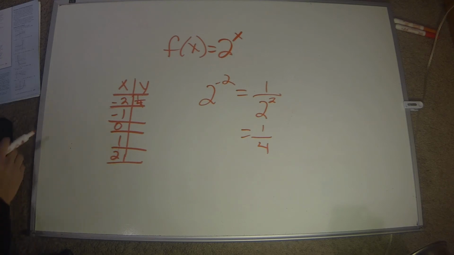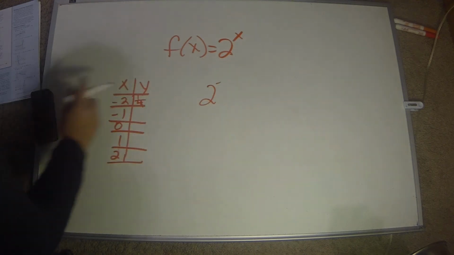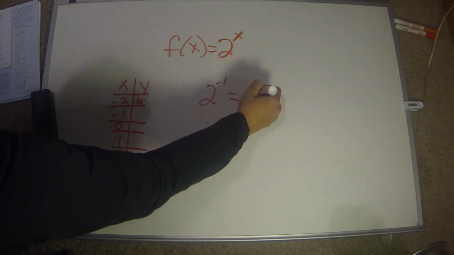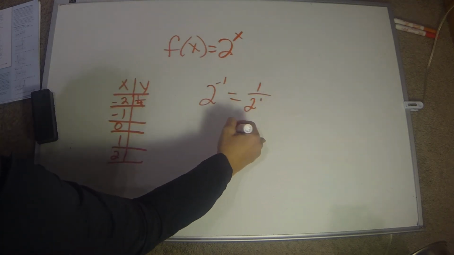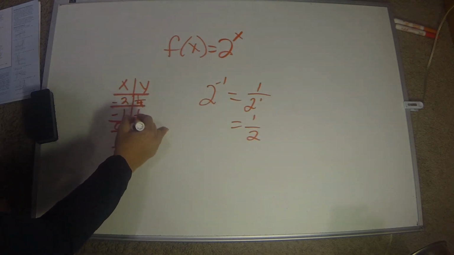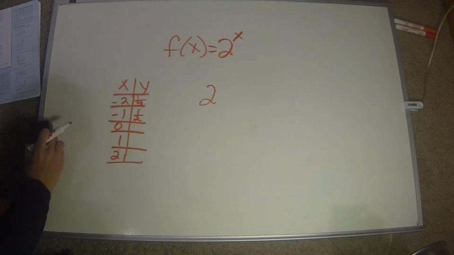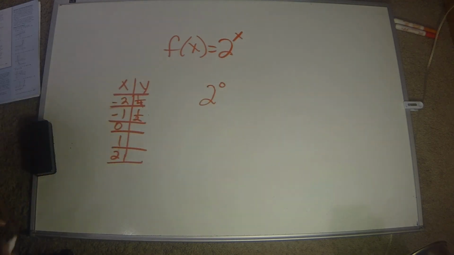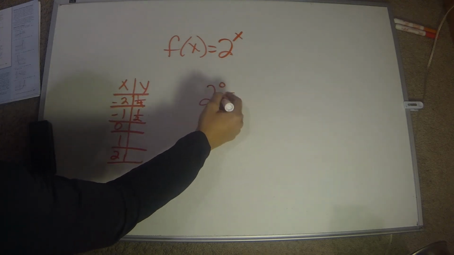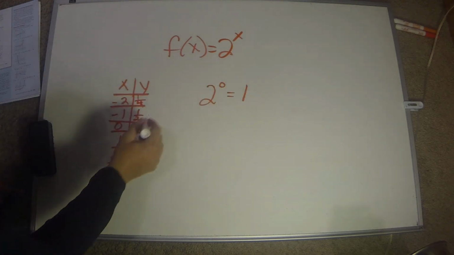When x is -1, again, we will drop it below the line, and y will be 1/2. Now the next one, when the exponent is 0, if you recall, we've talked about it before, anything to the 0 power is 1.